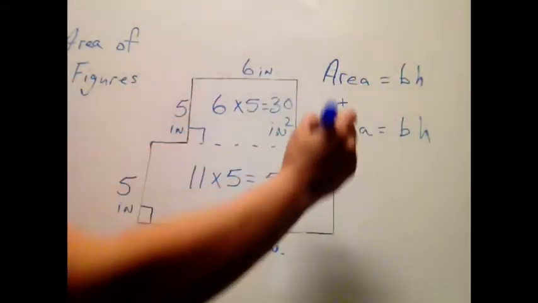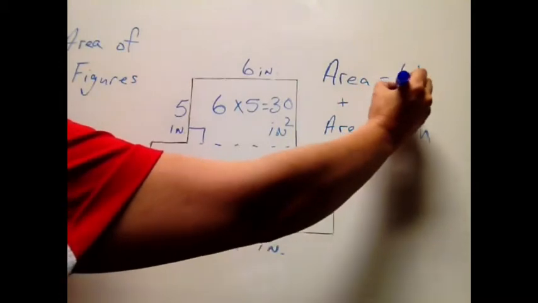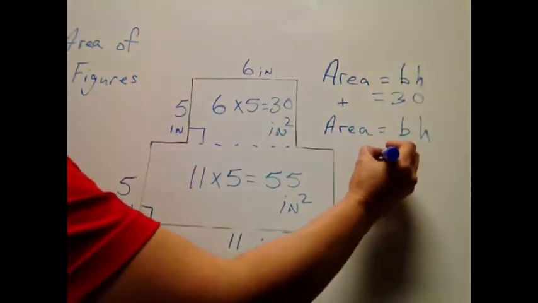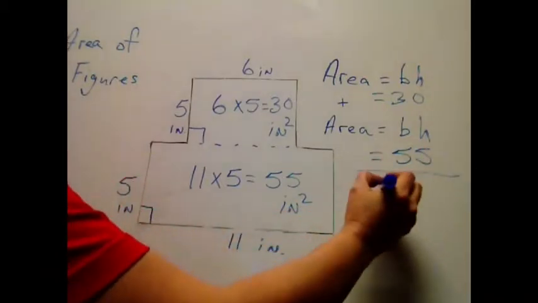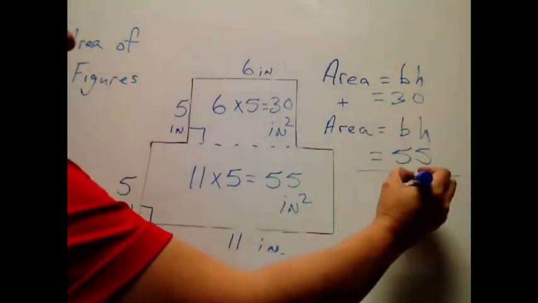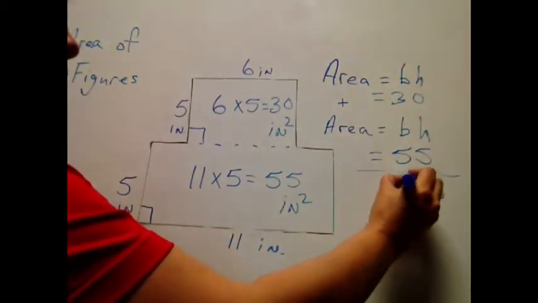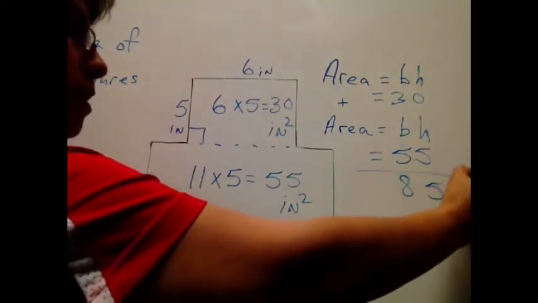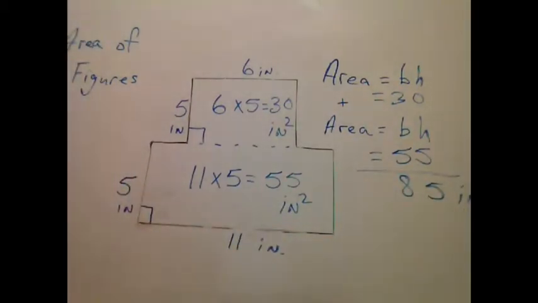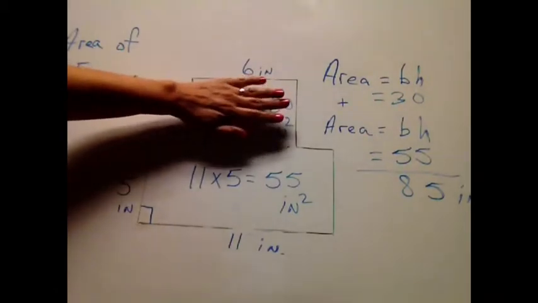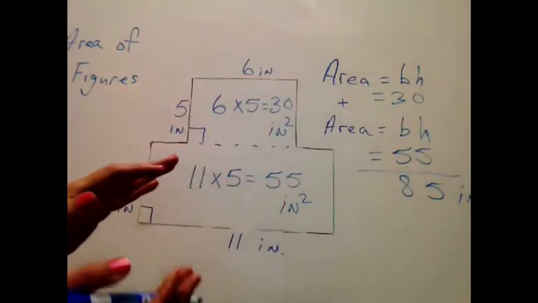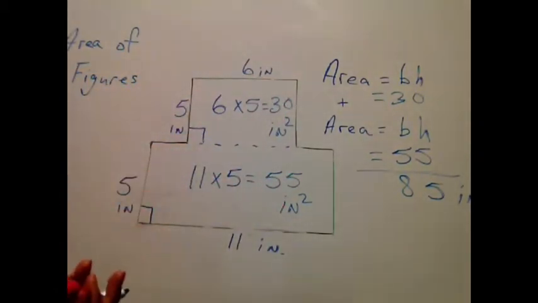This was equal to 30, this was equal to 55, and when we add those together, we get 85 inches squared. Okay, so that's just a simple example of how to find the area of a composite figure. Now remember, I'm finding the area of this one first, and then this one, and combining them by adding them at that point.